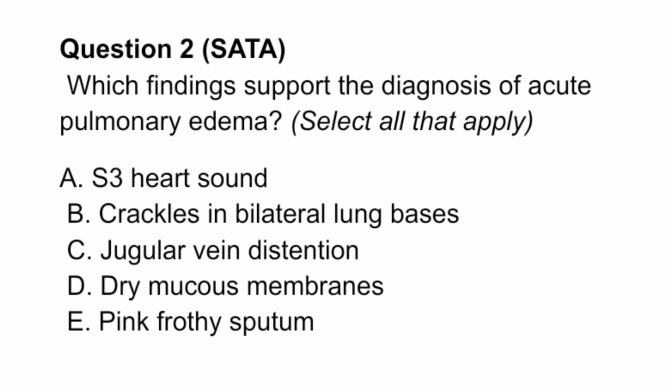Question 2. SATA. Which findings support the diagnosis of acute pulmonary edema? Select all that apply. A. S3 heart sound. B. Crackles in bilateral lung bases. C. Jugular vein distension. D. Dry mucous membranes. E. Pink frothy sputum.